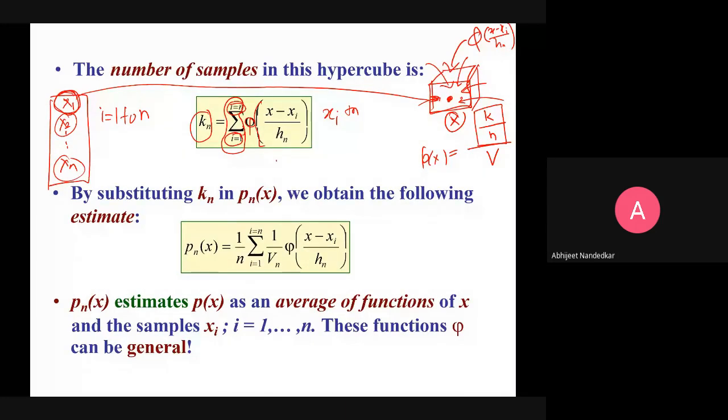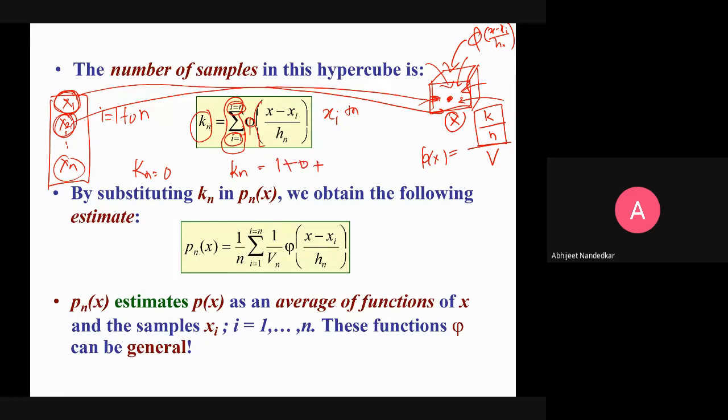So my count is incremented from 0. Initially kn equals 0, now kn equals 1, because the first sample does fall into this box. Then I take the second sample, I check again with this function, and the function is returning me 0. That means it is outside the box, so it will be plus 0.